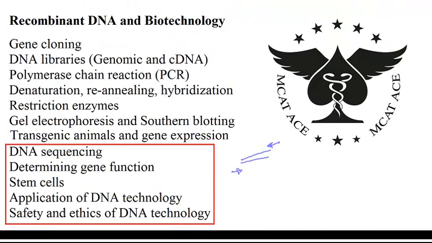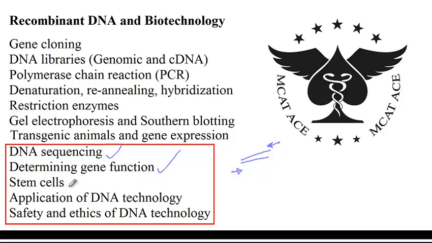So this is it for our second video of recombinant and DNA technology. We have described how we can sequence the DNA and the genomic DNA using different approaches, shotgun and the contig approach. How we can determine the gene function by either mutations, homology searching, bioinformatics, reverse genetics, or forward genetics we just discussed.